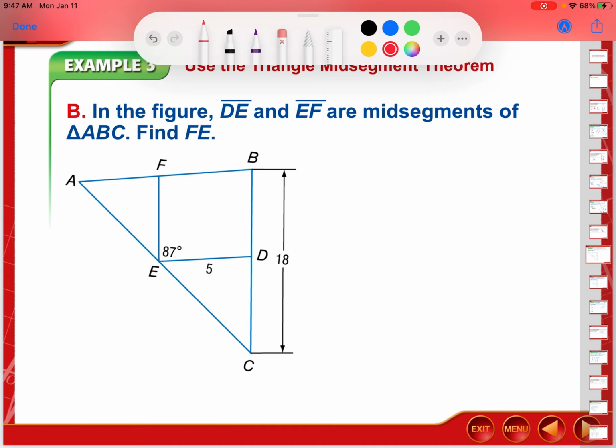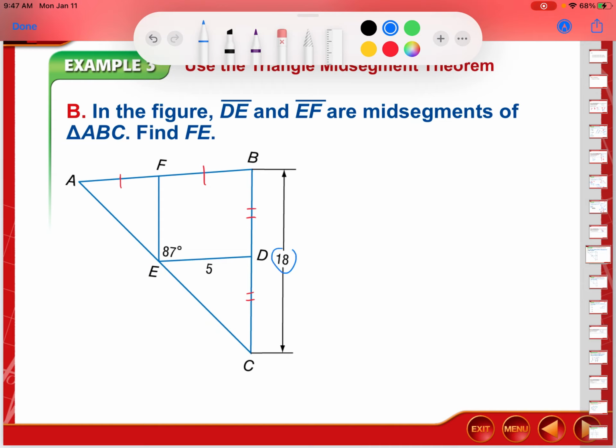Find FE. So right away, if they're both mid-segments, we know this and this are the same, this and this are the same, and then we also know 2 other things.